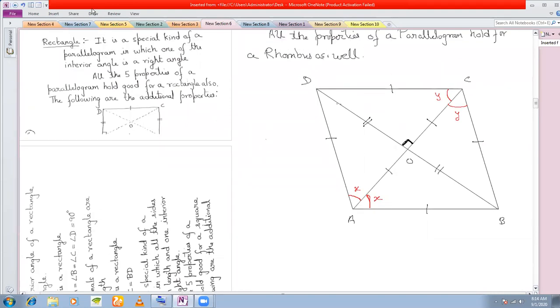Also, diagonal BD. What are the angles associated with the diagonal BD?